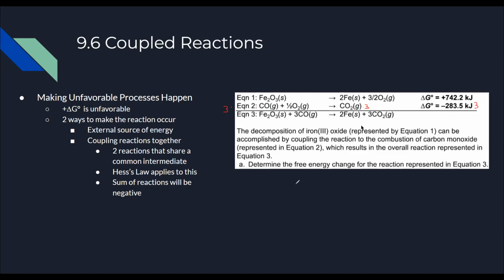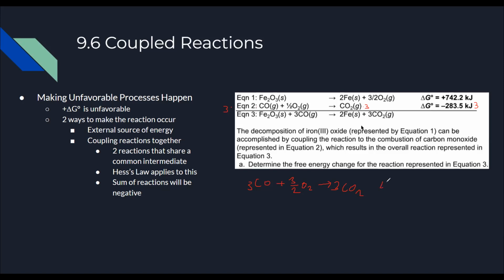So that'll be 3CO plus 3/2 O2 creates 3CO2.